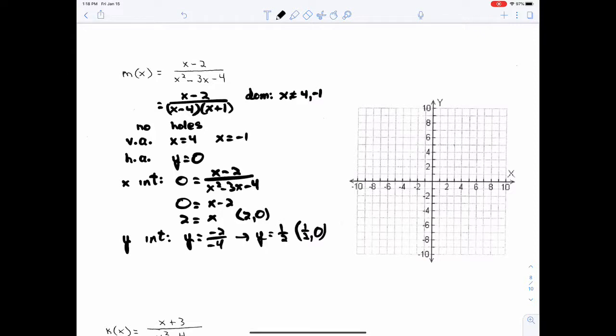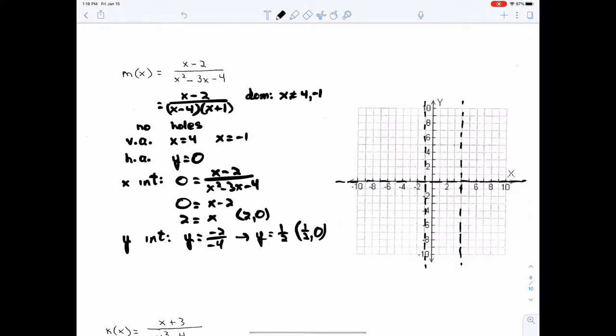Okay, so let's plot that and then see what we need to do. Okay, so we have x equals 4. X equals negative 1. Y equals 0. Okay.